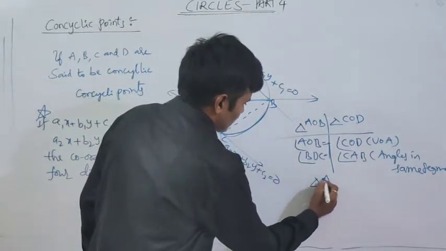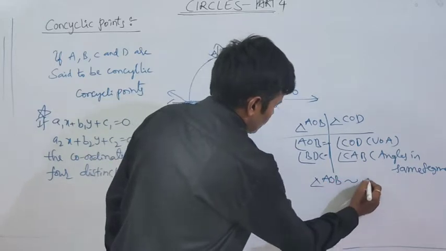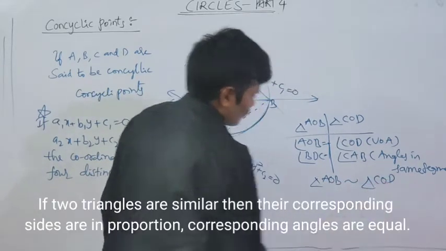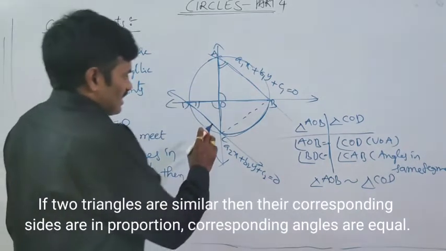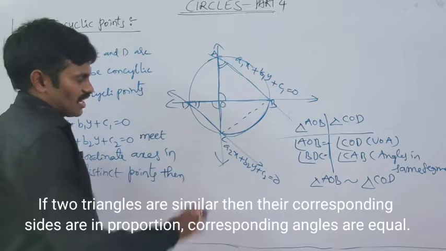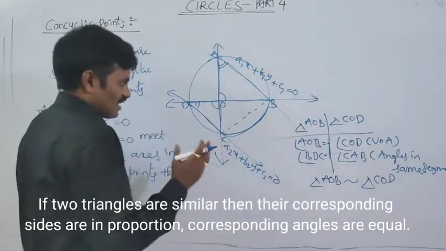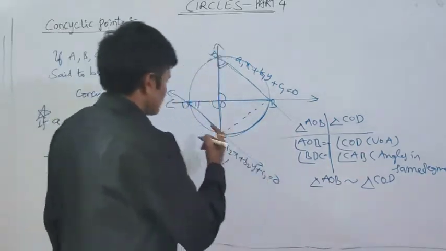What are the two triangles? Triangle AOB is similar to triangle COD. So according to the definition of similarity, their corresponding sides are in proportion and corresponding angles are equal. We want only the corresponding sides here. What are those corresponding sides?